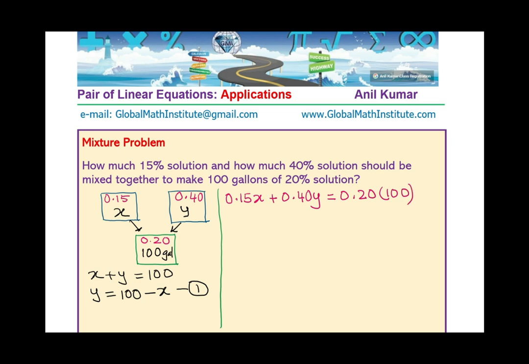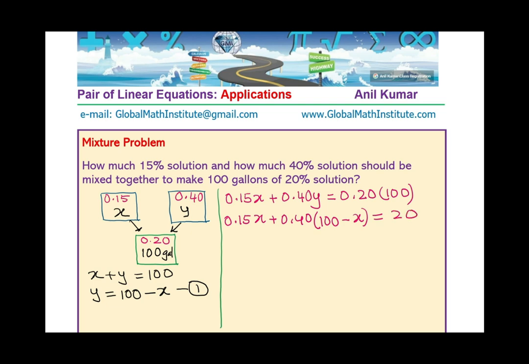Makes sense, right? So the quantity is being multiplied by the percent concentration to relate the two things, right? Great. Now, since we know that y is 100 minus x, we could actually rewrite this as 0.40 times 100 minus x equals, when you multiply 0.20 by 100, you get 20.